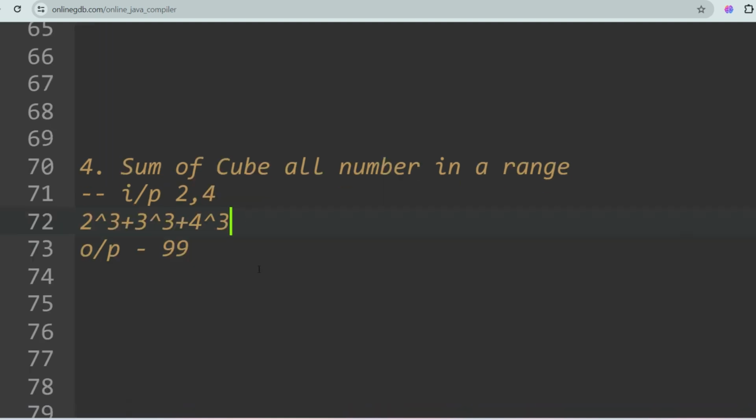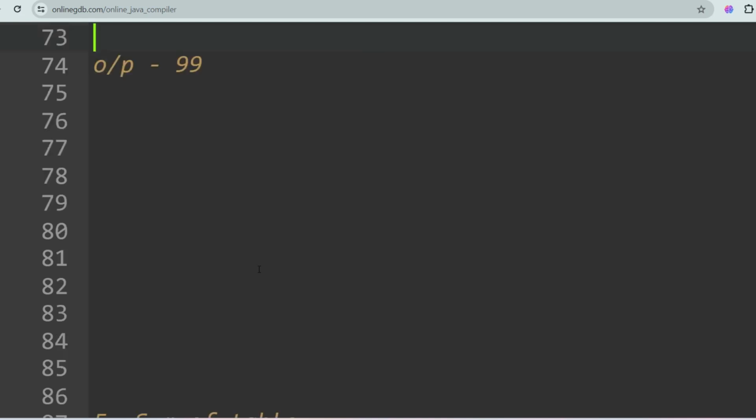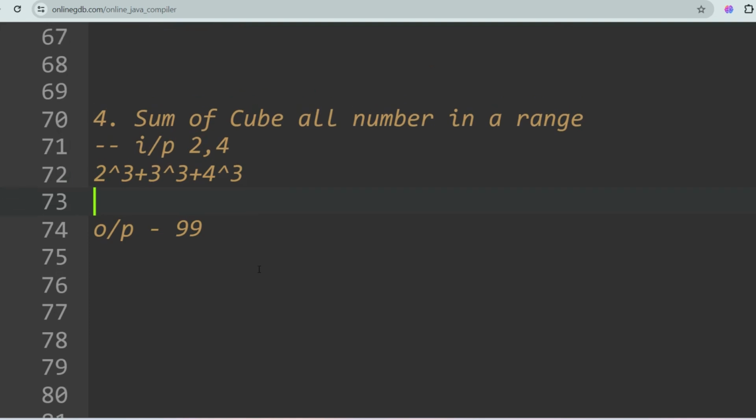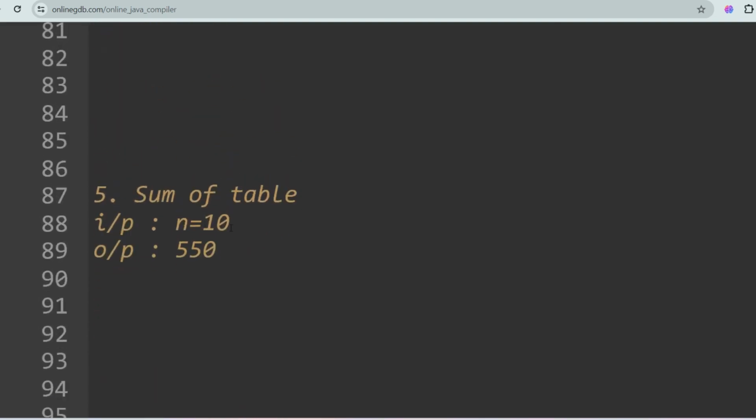Okay, so the next problem is sum of table. In this problem, you are given an input as an integer, let's say 10, and you have to sum all the multiplication table values. So let's say in this problem n is equal to 10.